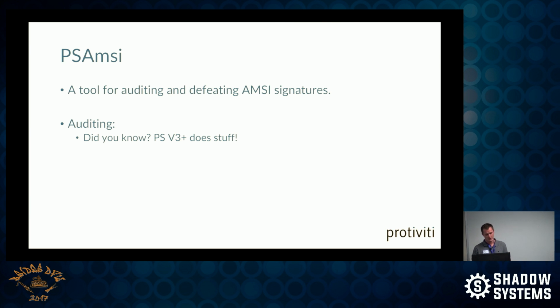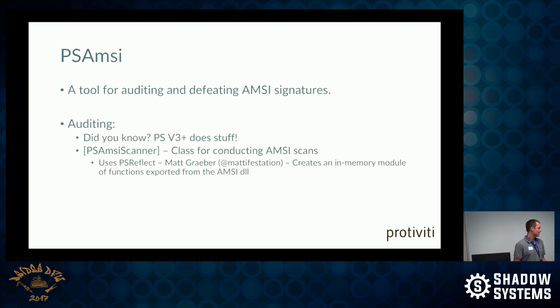So the most basic component inside of PSAmsi is it exposes a PSAmsi scanner class just for conducting basic AMSI scans. And the way it does this is it calls those functions exported from the AMSI DLL. And it does this by using the PSReflect library written by Matt Graber.